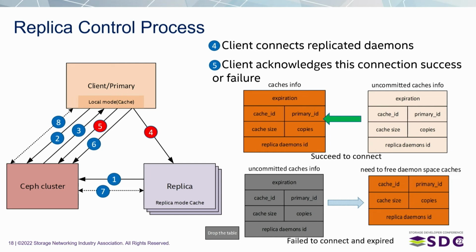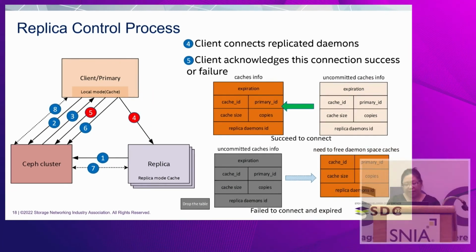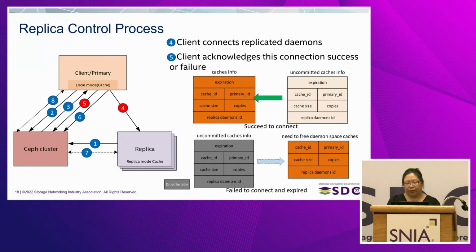This is the fifth step. If it succeeds in connecting, the Ceph cluster will convert the uncommitted cache info to the cache info that is committed, which means the cache allocation succeeded.